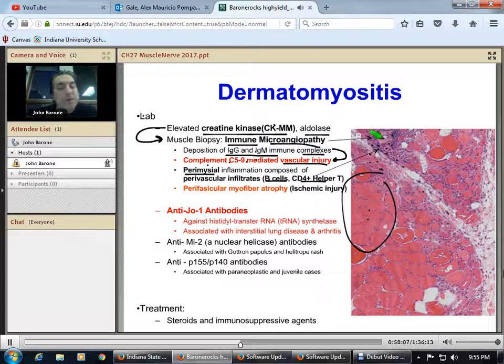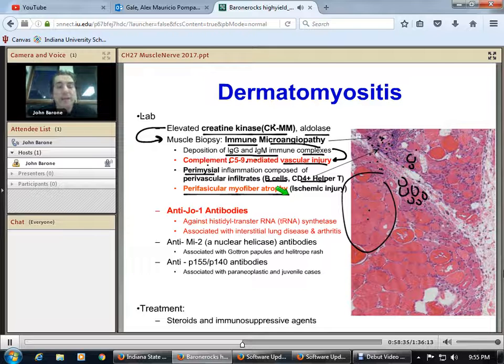Now, what else are you going to see in addition to these B cells and T cells in this perimysial area attacking the blood vessel? Well, when you damage the vessel, you're not going to get blood to these areas. So these fibers at the edges are going to start to atrophy. The ones at the edges, the ones close to the vessels, are going to start to atrophy first. So this gets a fancy name. We call this perifascicular fiber atrophy.